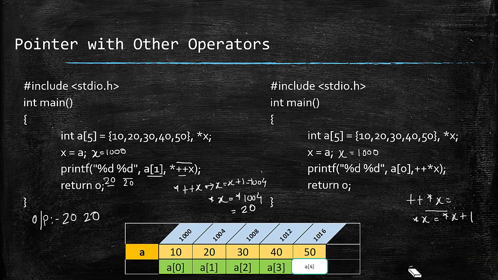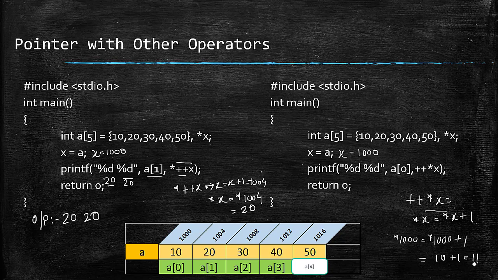So this will be similar to writing *1000 equals *1000 plus 1. Now *1000 means value at the address 1000, that is 10, plus 1, that is 11.